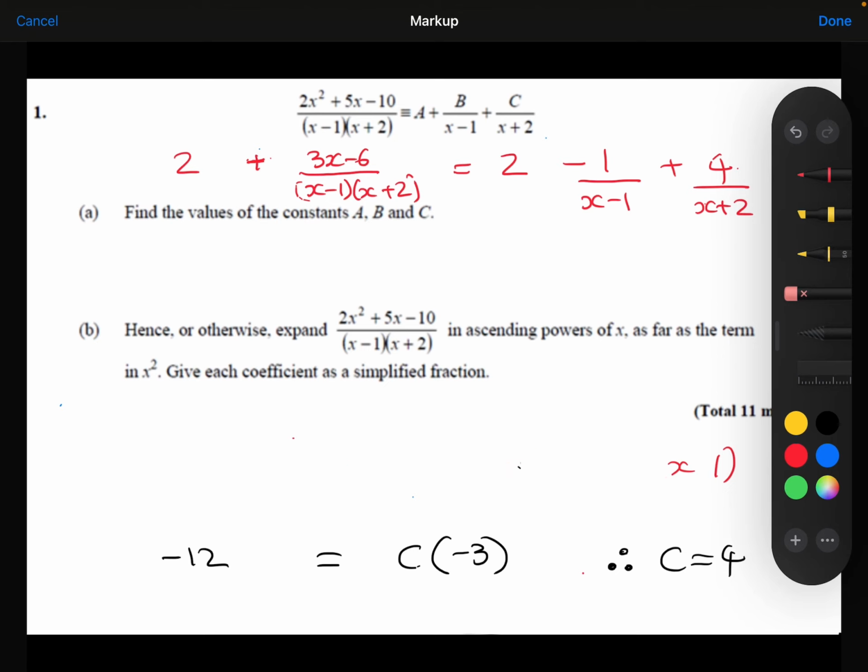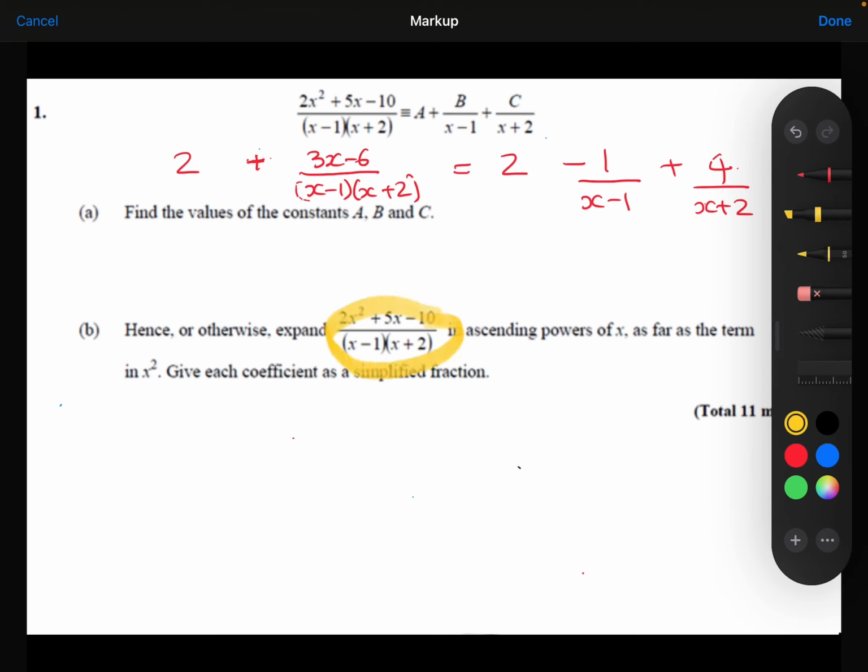Part B says, hence or otherwise, expand this fraction in ascending powers of x as far as the term in x squared. In part A we showed that this is the same thing as this, so clearly it's this that we're going to expand, because it is much easier to do.